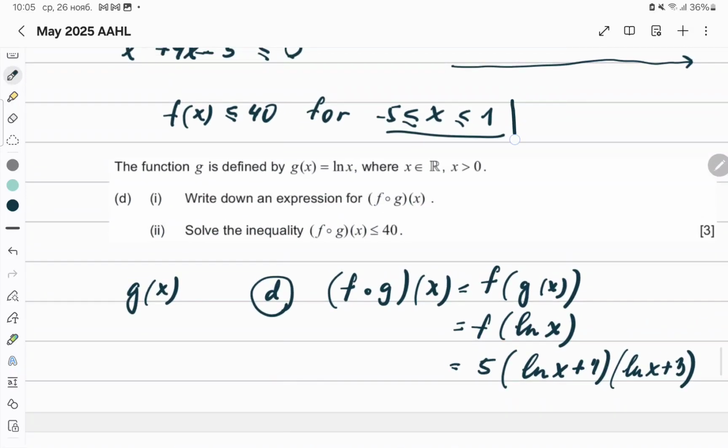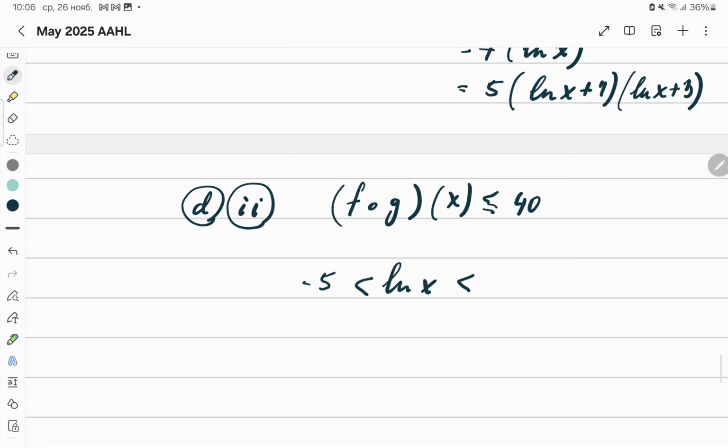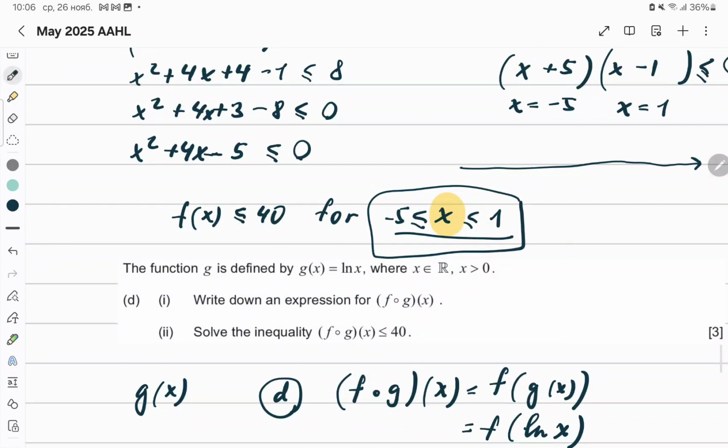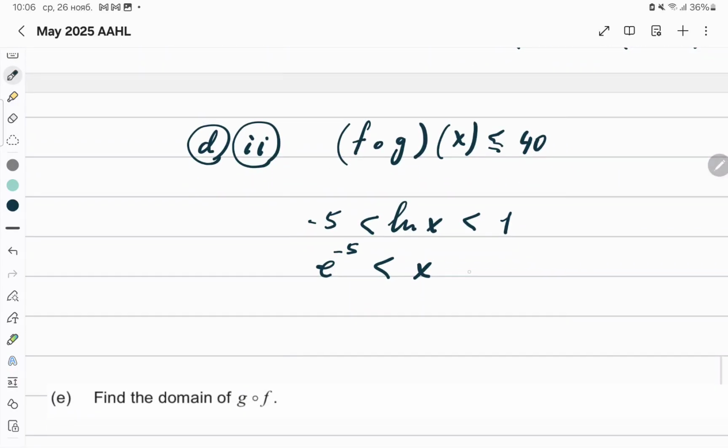It's actually the result of this inequality, but instead of x now it's going to be g of x. So here we put g of x. Okay, and now let's use the definition of logarithm. So it will be e to the power -5 and e to the power 1. So this is the answer for part D2.